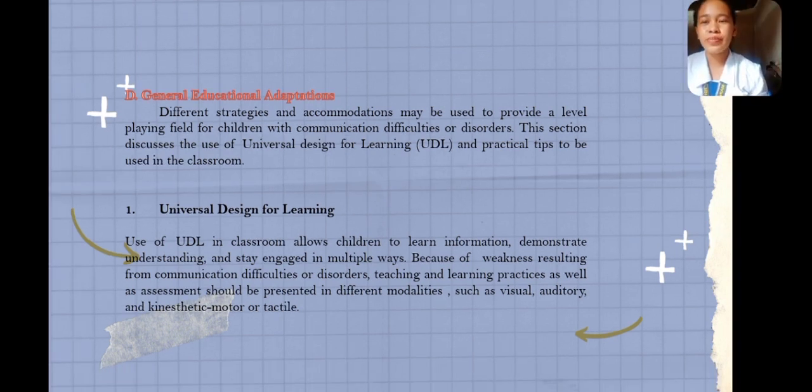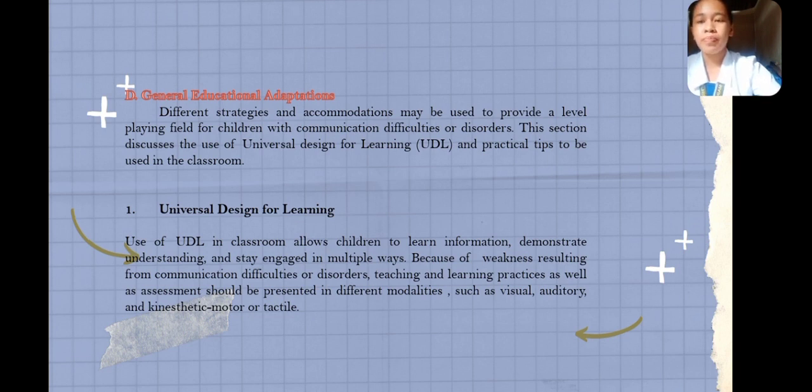Now let's move on to the first general education adaptation, which is Universal Design for Learning. The use of UDL in the classroom allows children to learn information, demonstrate understanding, and stay engaged in multiple ways, for example, multiple means of presentation, expression, and engagement.